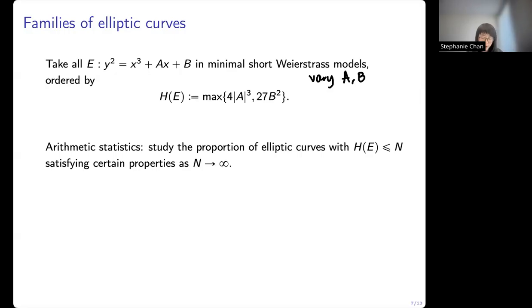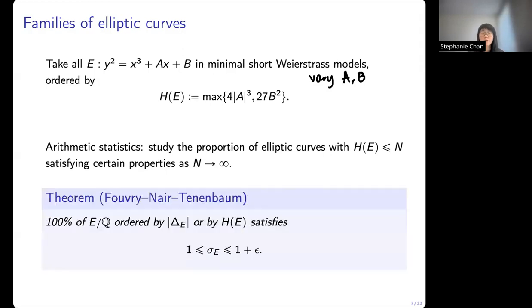So going back to the Szpiro ratio, there's a theorem by Fouvry, Nair, and Tenenbaum. They show that if you take all these elliptic curves in minimal Weierstrass model, whether you're ordering by discriminant or by naive height, almost all of these curves have Szpiro ratio lying in this range here.